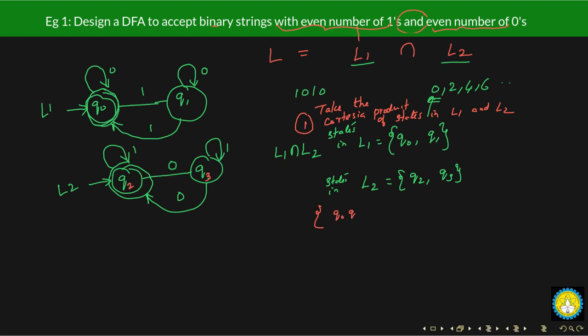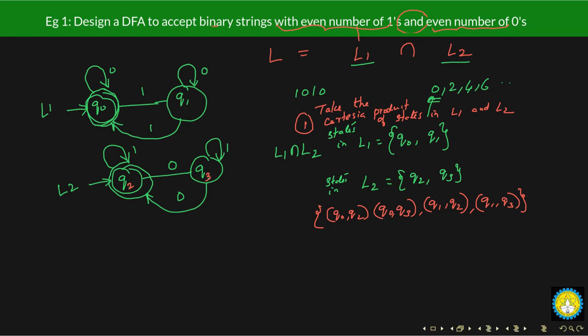That will be the first one. The second one will be Q0, Q3. Then we have Q1, Q2. Then we have Q1, Q3. So this is going to be the Cartesian product of the states in L1 and L2. So that's going to be our first step.